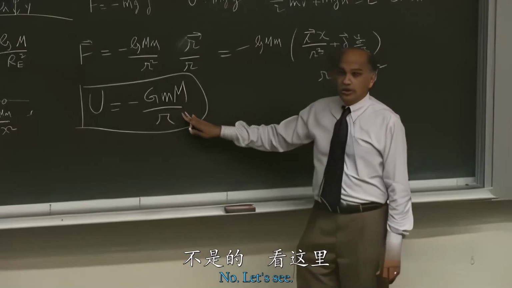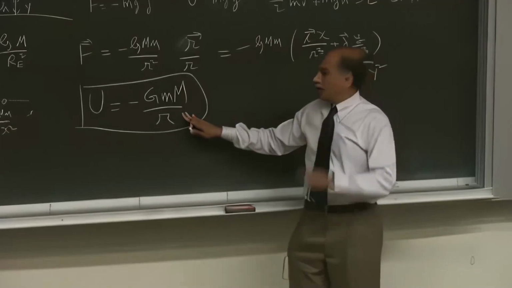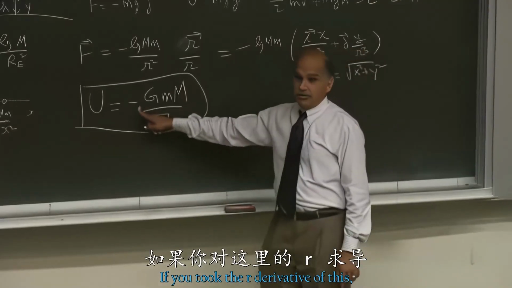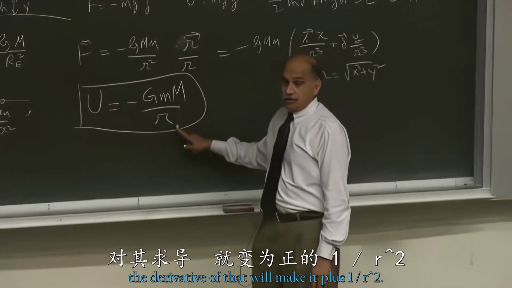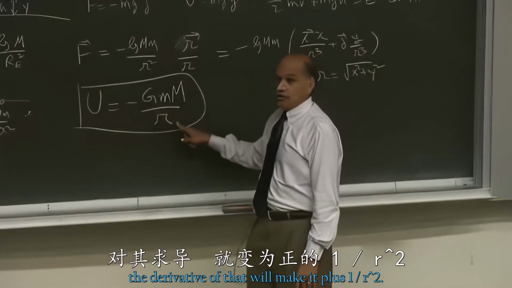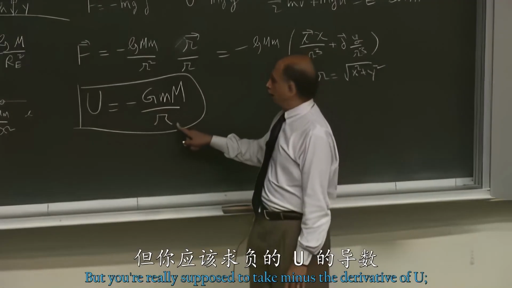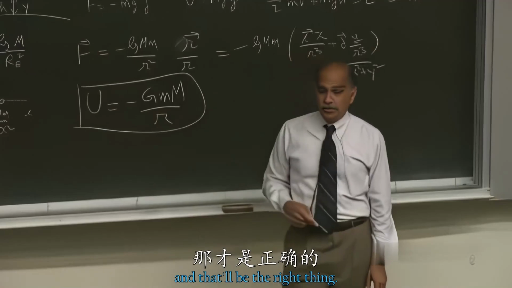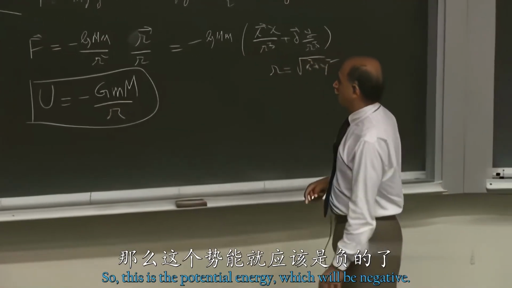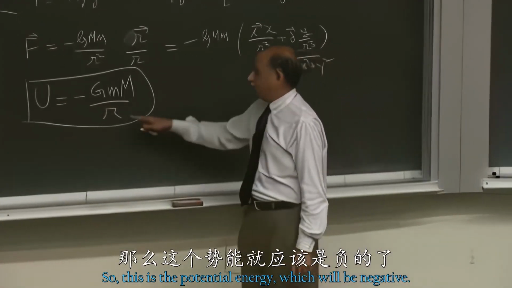No. Let's see. If you took the r derivative of this, 1 over r is r to the minus 1. The derivative of that will make it plus 1 over r squared. But you're really supposed to take minus the derivative of U, and that will be the right thing. So this is the potential energy, which will be negative.